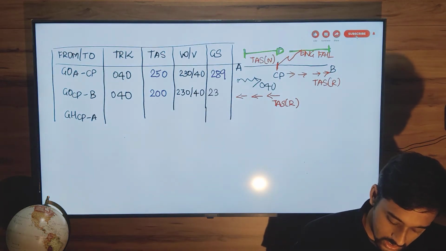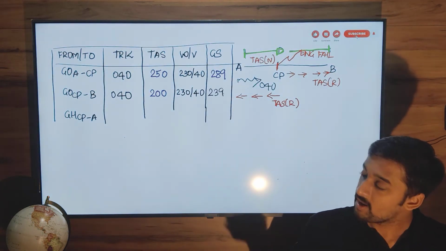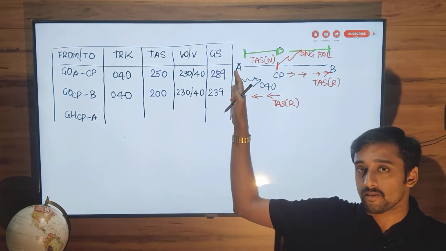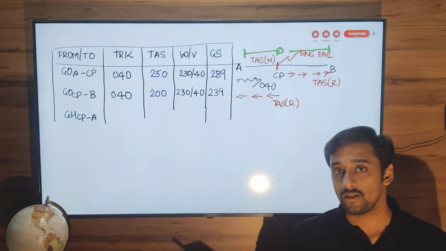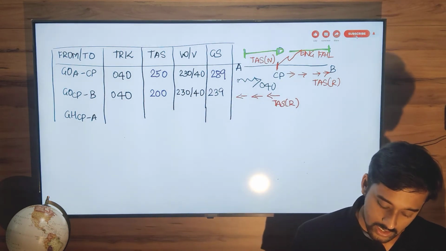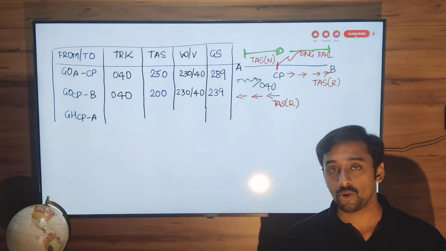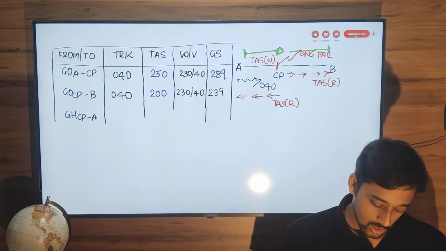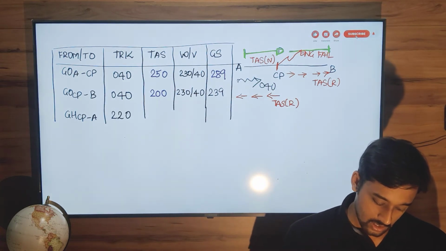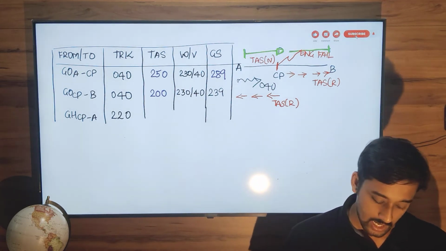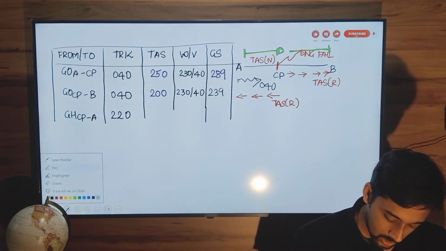Now when you come back from CP to A, you will be flying a direction which is the reciprocal of 040. So the reciprocal of 040 is 180 plus 40, 220. And you will be flying at a reduced TAS. That means you will be flying at a speed of 200 knots.